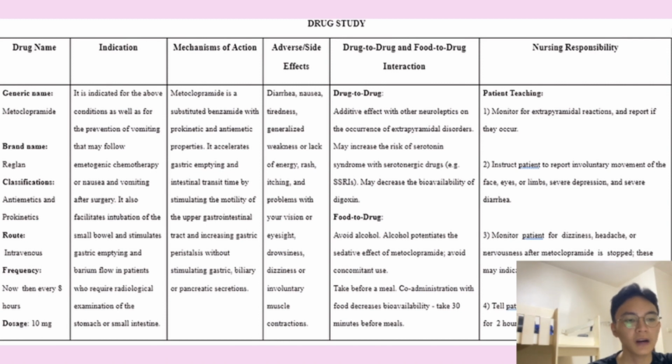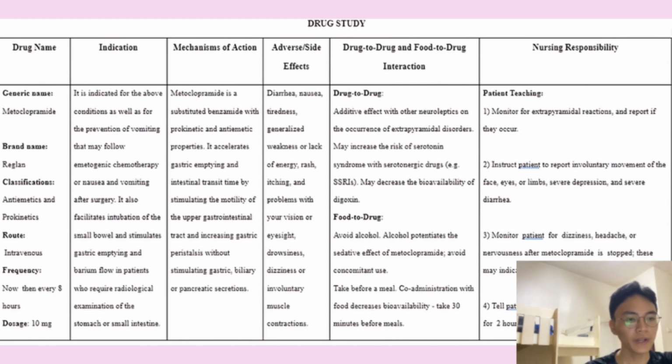So metoclopramide is primarily used as an antiemetic medication to alleviate nausea and vomiting, particularly in patients undergoing chemotherapy for cancer. As we know, one of chemotherapy's side effects is vomiting and of course nausea.